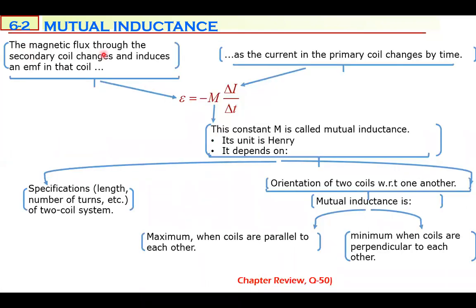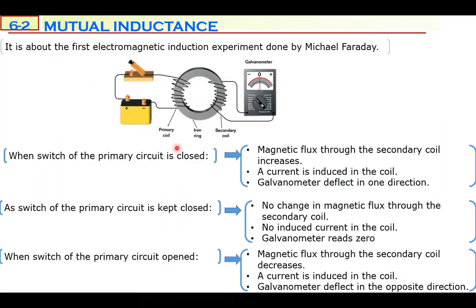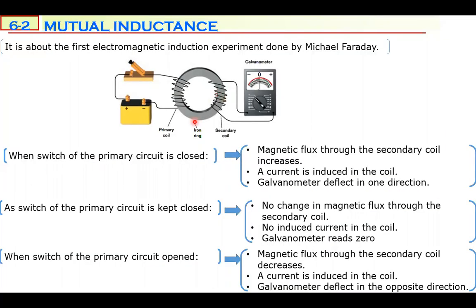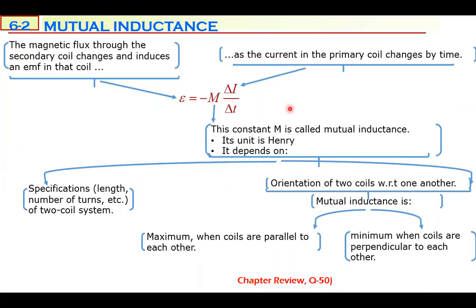The magnetic flux through the secondary coil changes, and induces an EMF in that coil as the current in the primary coil changes with time. So delta I over delta T belongs to the primary coil, and the induced EMF belongs to the secondary coil.